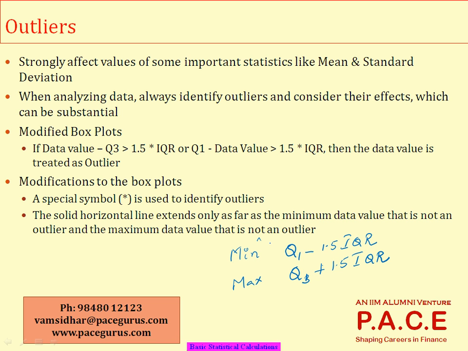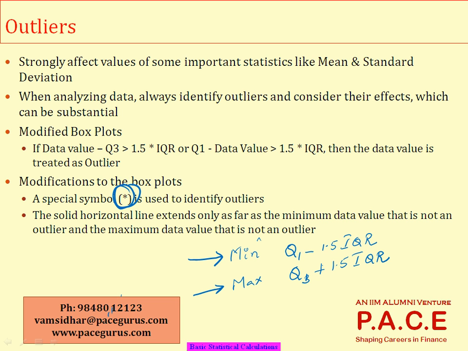If my actual data value is below this minimum or above this maximum, they call it an outlier. And some software has even started showing special symbols like a star for those kinds of values.